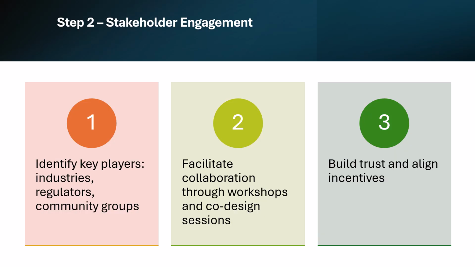The second step is stakeholder engagement. What you have to do is identify the key players, which industries play the key important roles in the industry, the regulators, community groups. And then number 2, facilitate collaboration through workshops and co-design sessions.